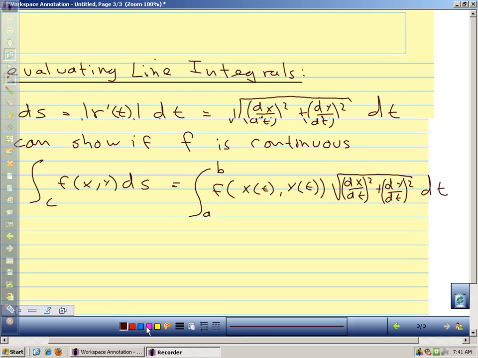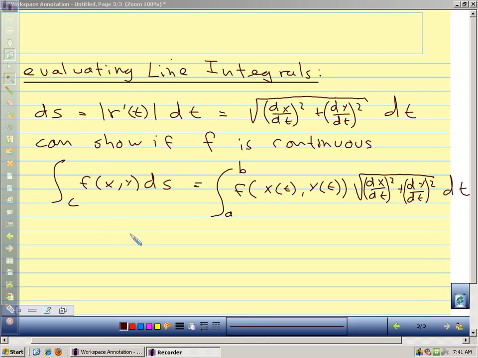And we're saying that x is some function of t, represented by a parametric equation, y is represented by a parametric equation, and a is less than or equal to t, less than or equal to b.